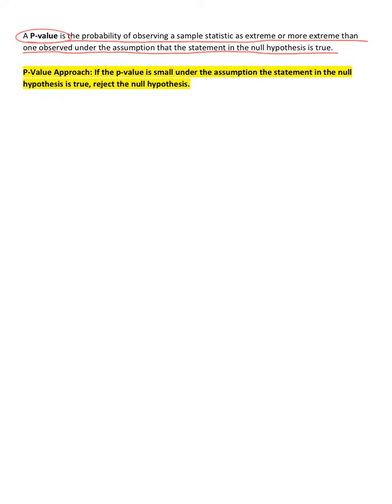So if the probability is small, then it is unlikely to get a value such as 0.534, which means that the sample proportion of 0.534 is statistically significant, and we can reject the null hypothesis. Let me graph the sampling distribution of the sample proportion.